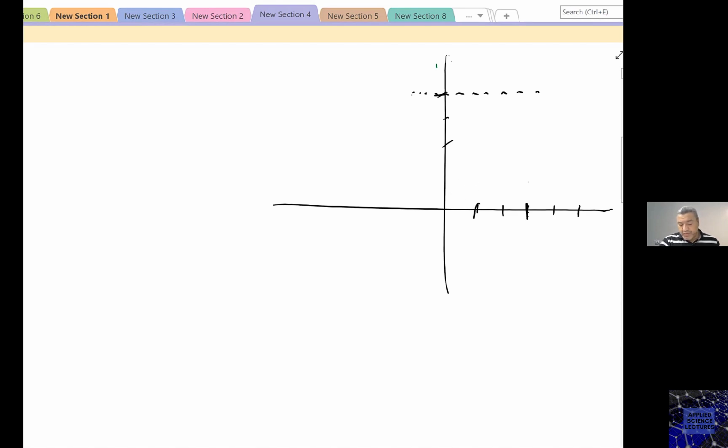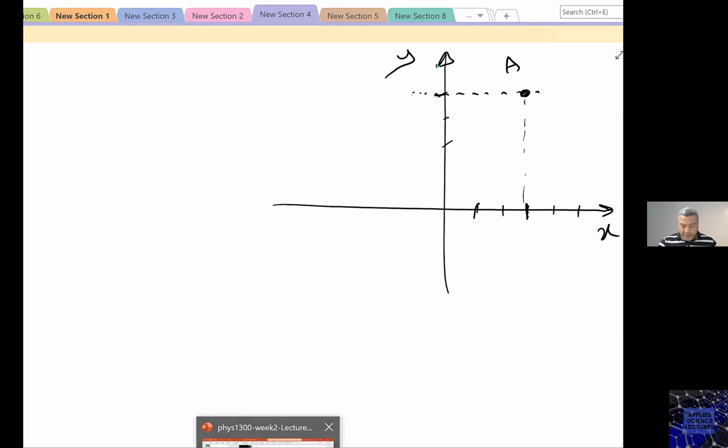Okay, so 3. This is point, I would call it A, my starting point. So this is Y, this is X.